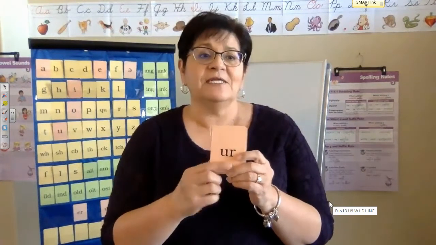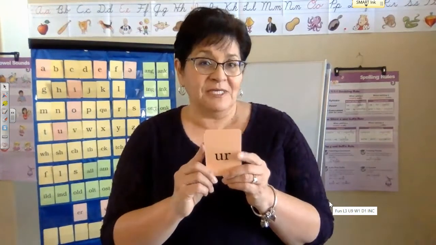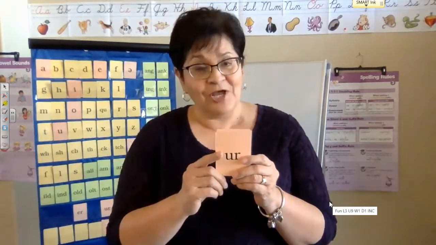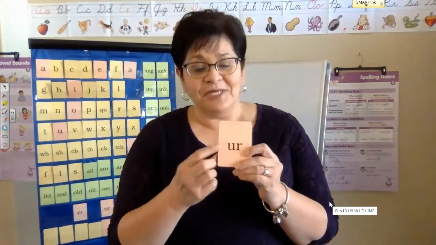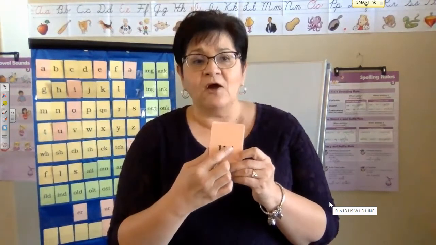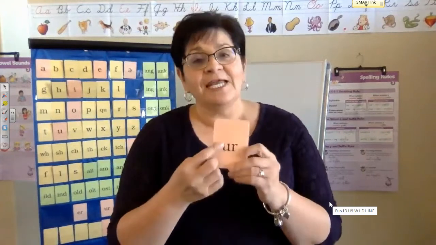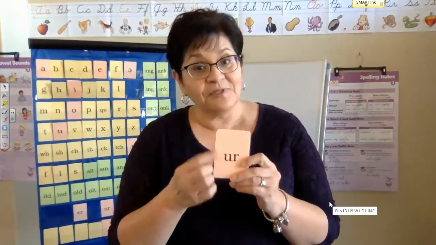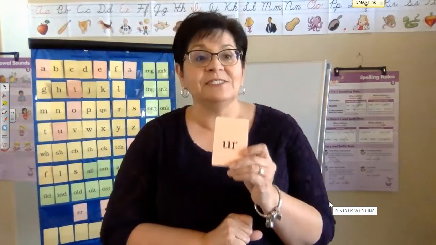So these could be closed syllables, but they're not, because when you have this vowel followed by that R, the R is controlling the sound of that vowel. The vowel is not long, it is not short, it's controlled by the R. So these are all your R-controlled sounds.